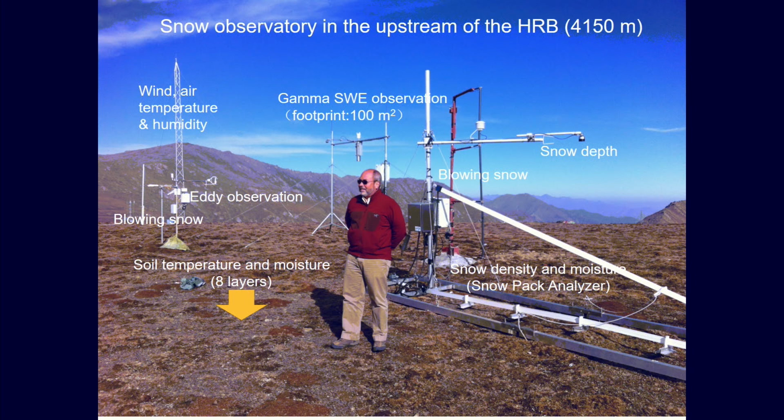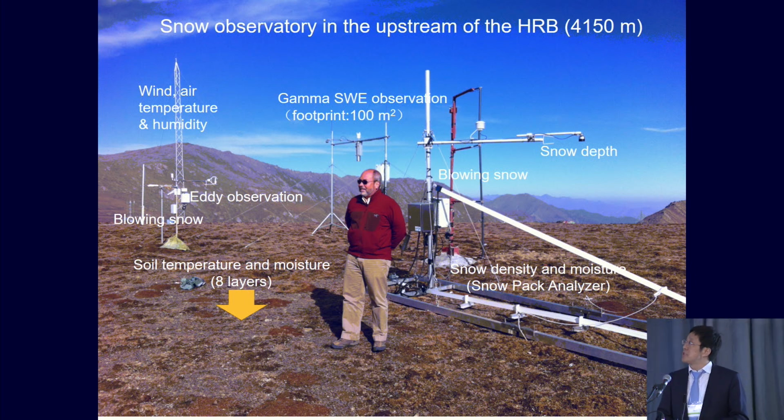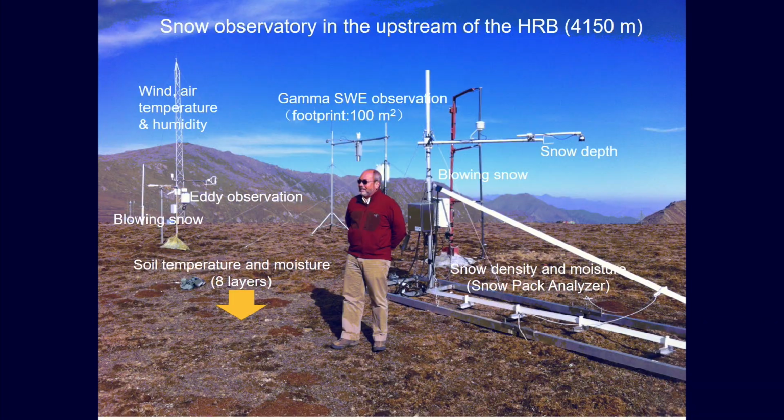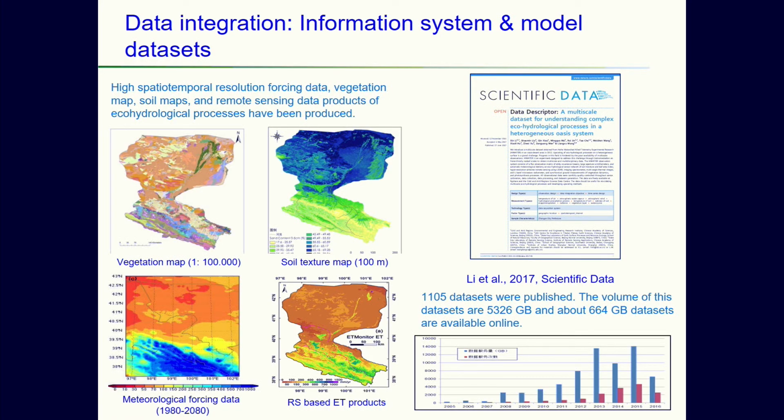Here is just an example of our snow observatory in the upstream of the Heihe River Basin. Professor John Palmer was here a few years ago. You can see we have different sensors to measure the properties of snow, and we can compare this information with remote sensing products.